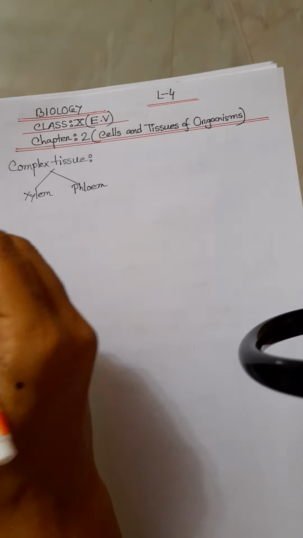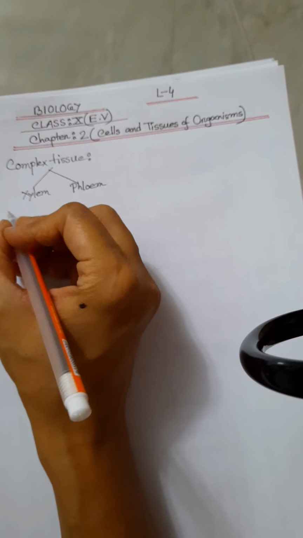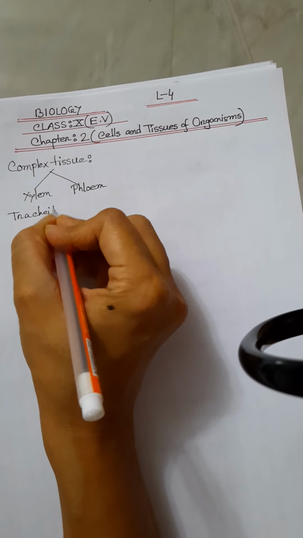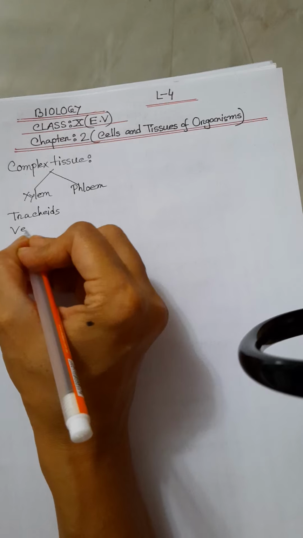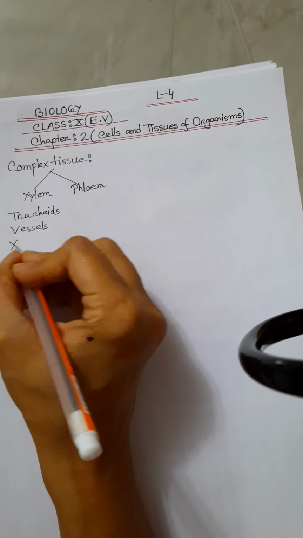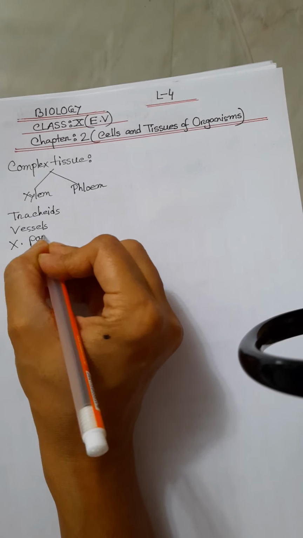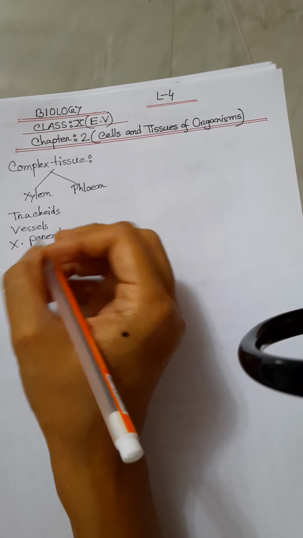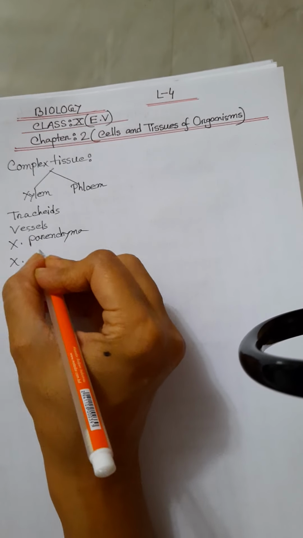First one, xylem. There are two types of xylem, primary and secondary. Xylem consists of tracheids, vessels, xylem parenchyma, and last one, xylem fiber.